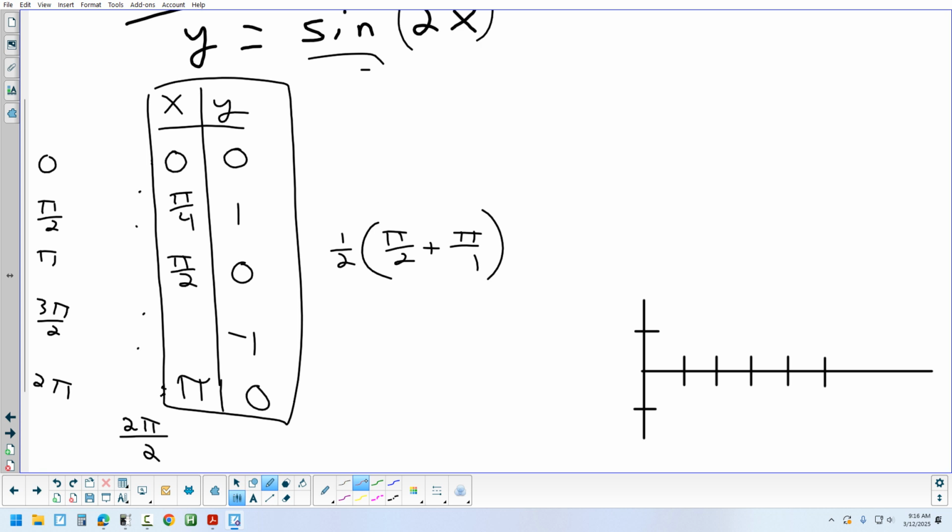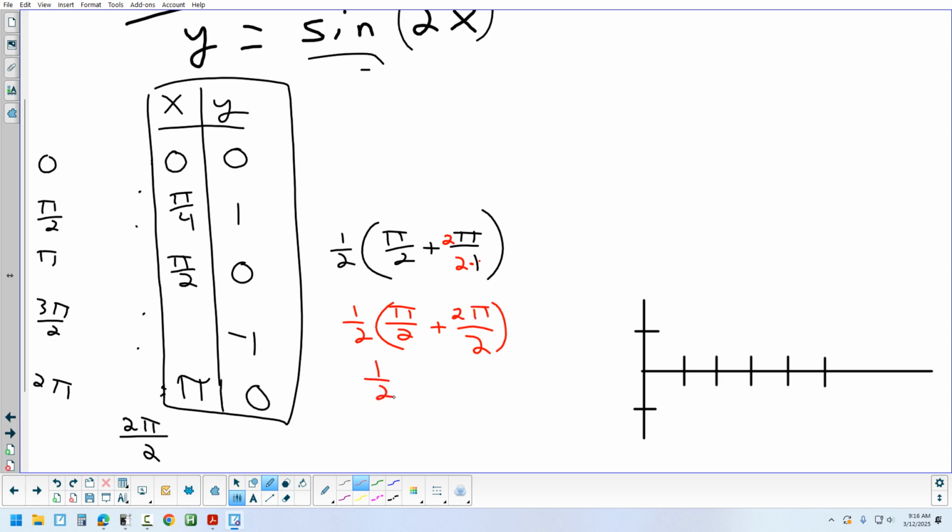To add those two together, what do we have to make sure we have? What's the common denominator there? 2. So double the top, double the bottom. That has a denominator of 2. Now what would go in the top when we double what's in the top? 2 plus 2 pi.